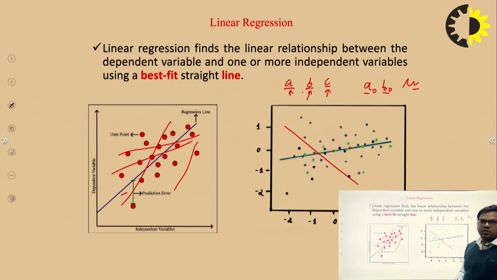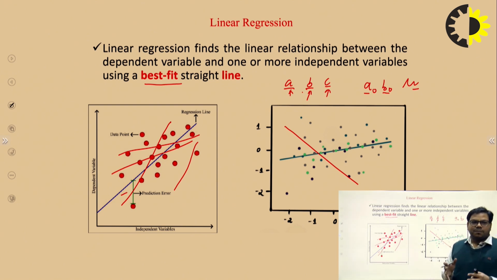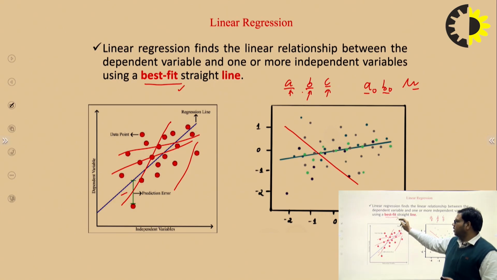On the basis of this A, B, C, we can have multiple lines in the same diagram or in the same scenario. So what line must be chosen by us as the final regression line? That is called the best fit line. For selecting the best line, we have some other calculations and techniques, but the idea in regression is to identify the best fit line.